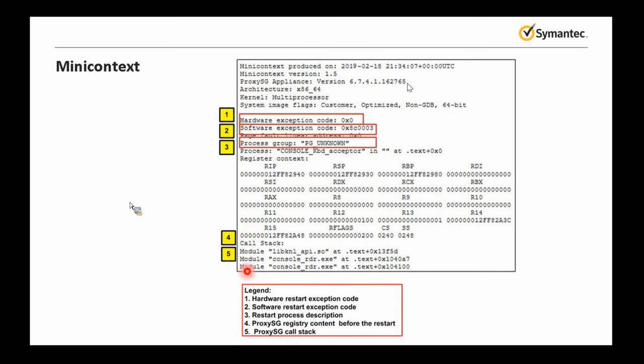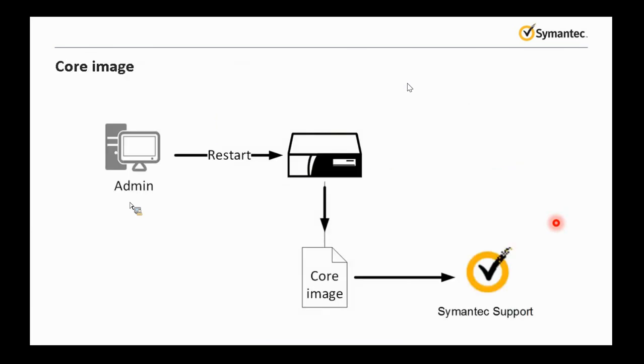Most of this is needed by support to understand why your proxy is rebooting abnormally, because of this code. So it is whether it is due to the administrator rebooting it, a software exception code, or a hardware exception code. So this core image is what the support people need to perform troubleshooting.